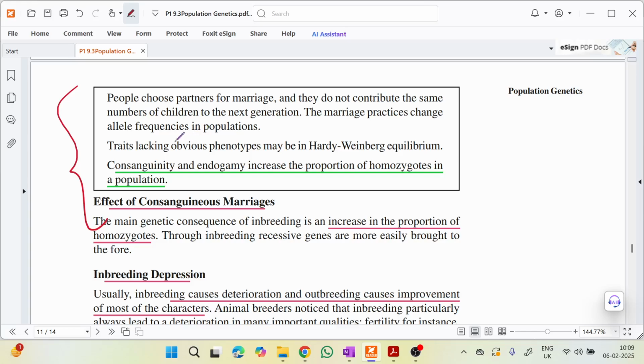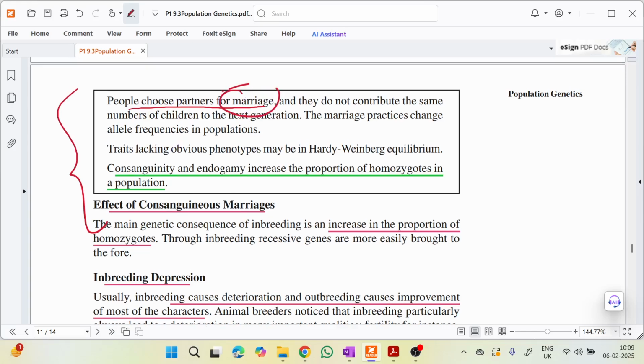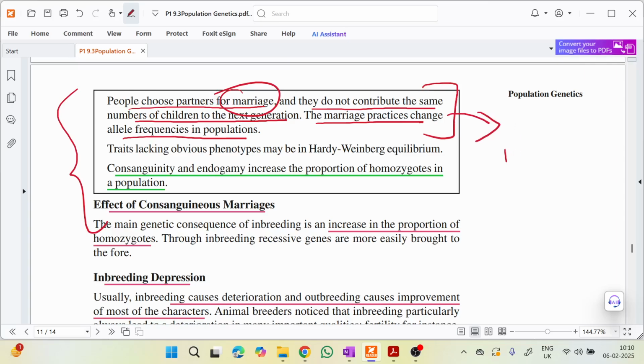Let's look at the chart here, look at the block here. People choose partners for marriage. As I've said, marriage is a different situation and mating is another kind. And they do not contribute the same number of children to the next generation. That's why I said mating is different from marriage. The marriage practice changes allele frequency in the population because it's marriage that results in mating and production of children.